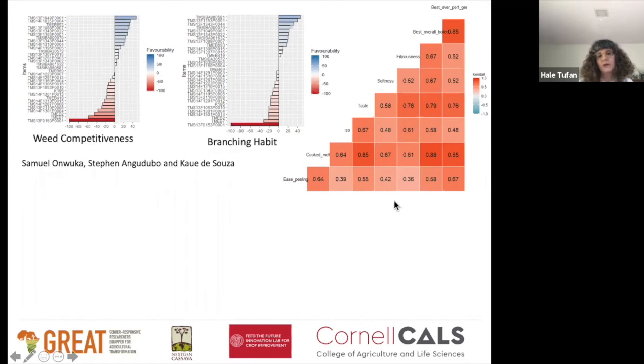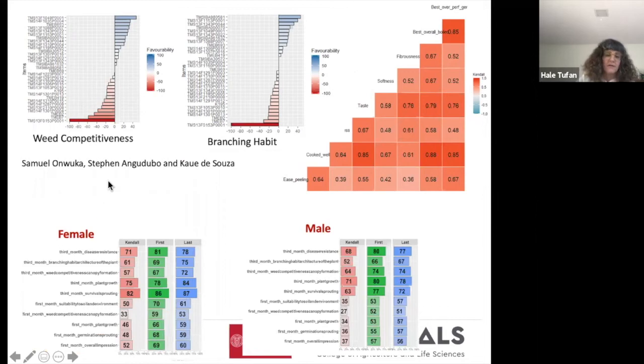And we also look at if there are correlations between, for example, this is for cooking quality for boiled cassava in Uganda, if any of the individual traits are explaining that overall performance, and we're seeing that be very variable across time points. But in terms of bringing in some disaggregation by sex, it's a little bit more difficult.